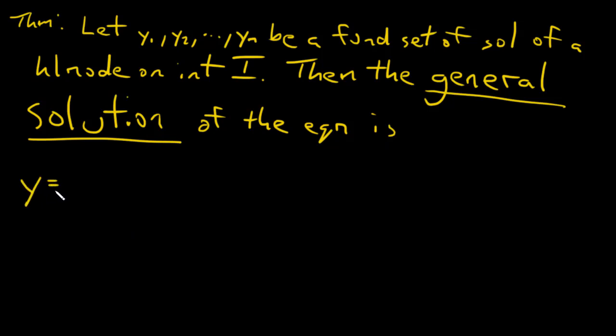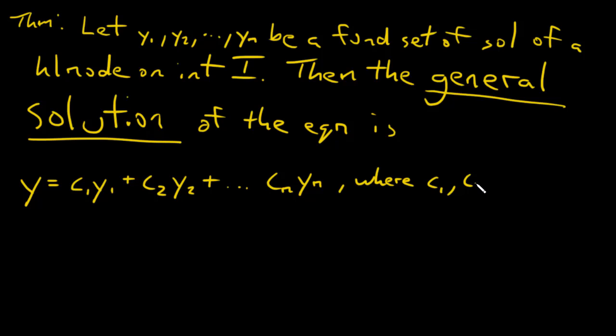Y equals C1 Y1 plus C2 Y2 plus dot dot dot C sub n Y sub n, where C1, C2, dot dot dot, Cn are arbitrary constants. Okay?